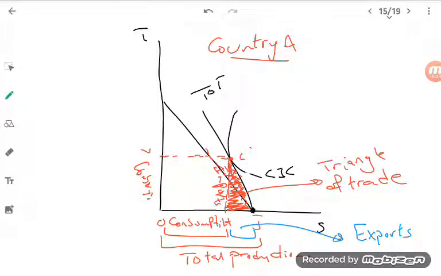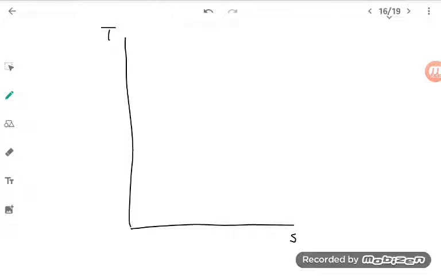Okay, once again. With respect to country B, this is the PPF. Country B from the figure will specialize in textile.